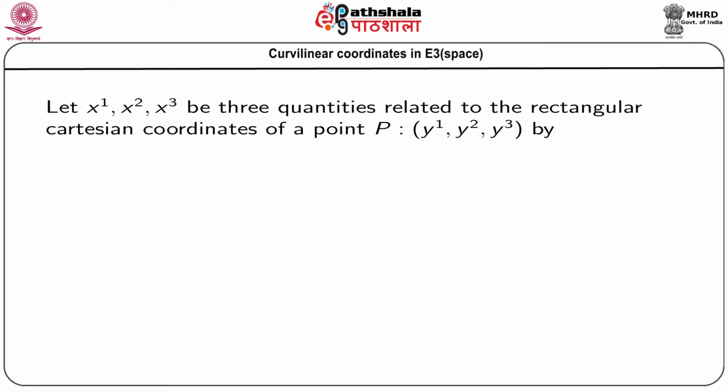Now, suppose x1, x2, x3 be three quantities related to the rectangular Cartesian coordinates of a point P, y1, y2, y3. So, at first we are taking a point P whose Cartesian coordinates are y1, y2 and y3, and we are relating these y1, y2, y3 by some functions, and we denote them as x1, x2, x3.